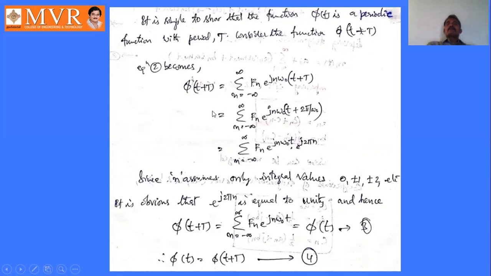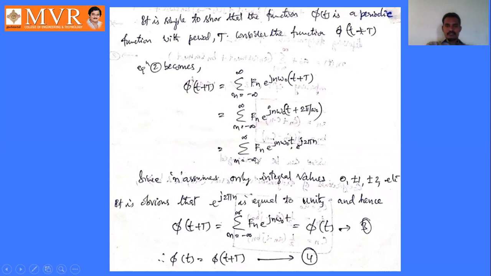Now we will expand e power a x plus b x, that is e power ax into e power bx, in the form of e power x into e power y: sigma n equal to minus infinity to infinity Fn into e power j n omega naught t into e power j n omega naught into 2 pi by omega naught. So omega naught gets cancelled, giving e power j 2 pi n, right?